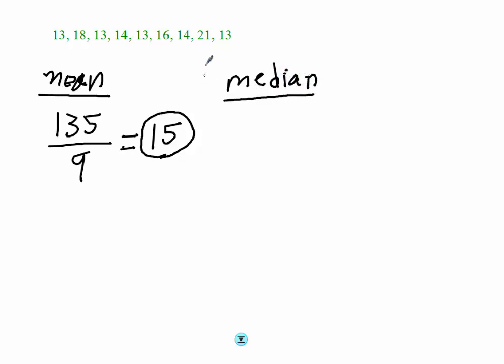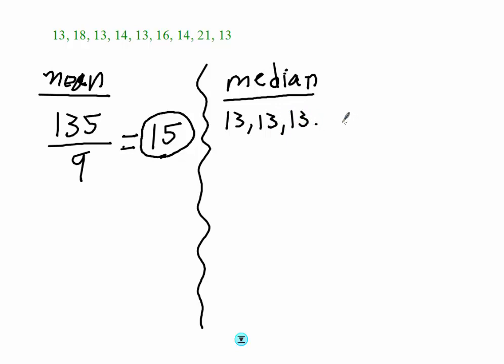To find the median, we must first put the data set in order. So it's going to go 13, 13, 13, and there's one more 13. Then I'll cross them out.